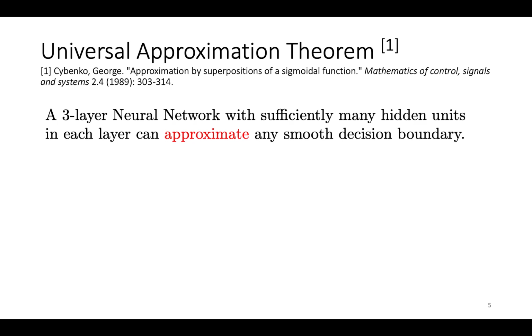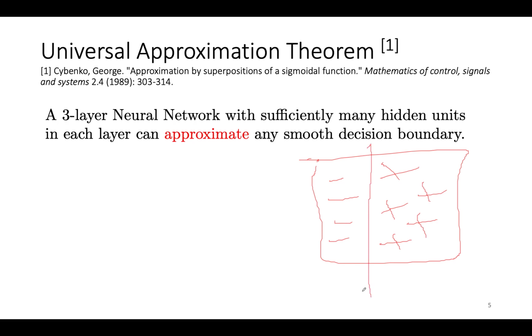So in statistics, normally we talk about a decision boundary as a hypersurface that partitions underlying vectors. Say this is your space, and say you have these minuses. This is a smooth decision boundary, and this is a non-smooth decision boundary.